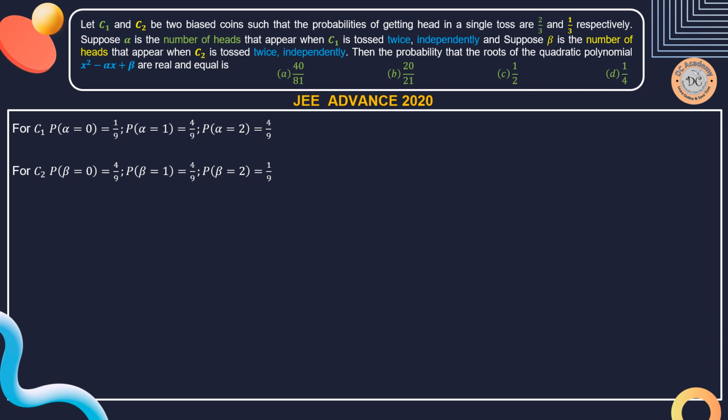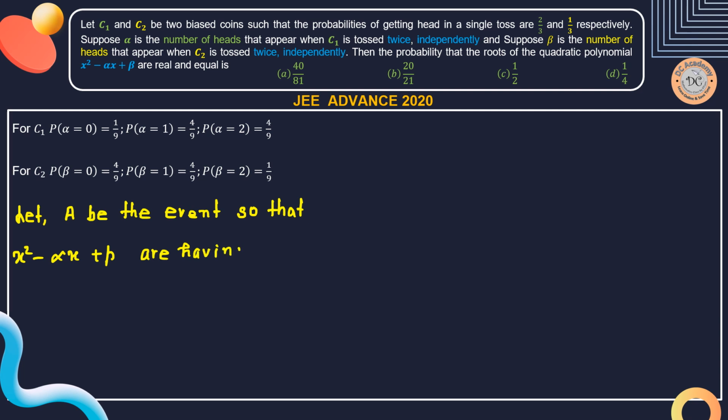So here we'll consider that, let A be the event so that the quadratic equation x squared minus alpha x plus beta has real and equal roots.